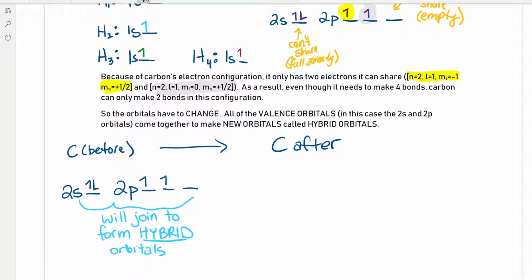And so after they have joined, we will get what we call a 2, because it's still energy level 2, sp3 hybrid orbital.